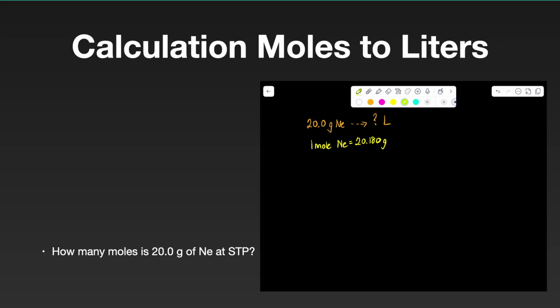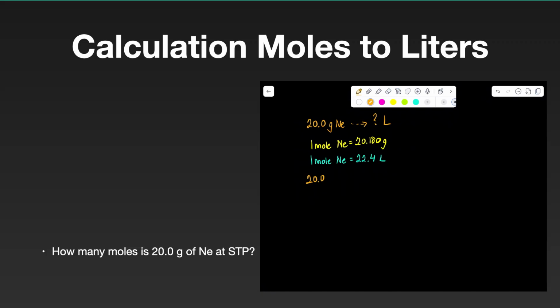And that's for neon from the periodic table. It's a monoatomic gas. We also know that 1 mole of neon, any gas, is equal to 22.4 liters. That is Avogadro's law.